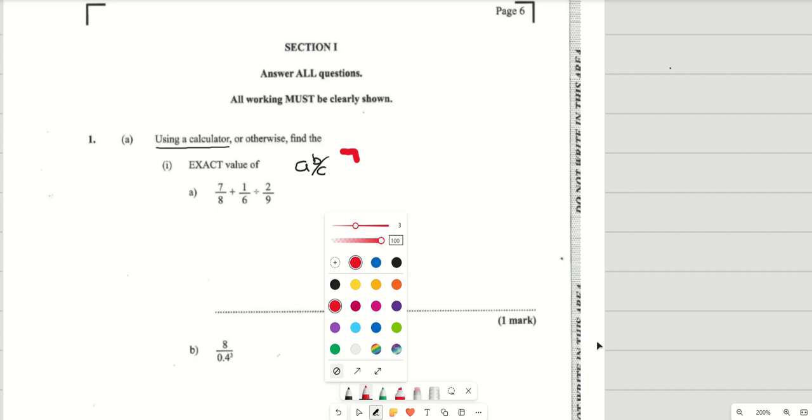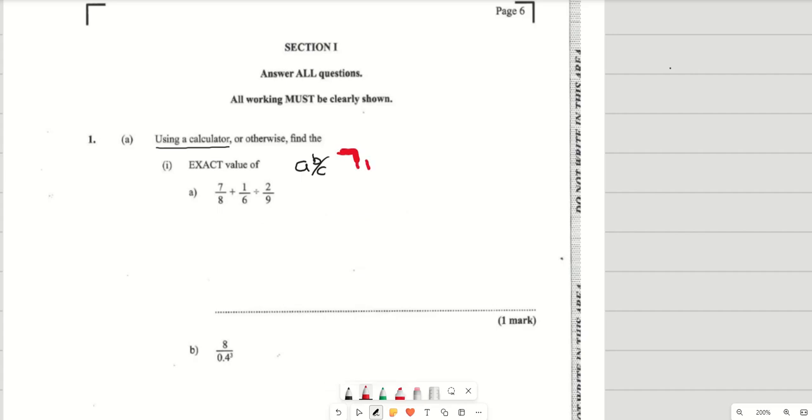So again, in your calculator, there's this A, B, C button, right? That is the over button. So you're going to put 7, then that ABC button, 8, then plus, 1 ABC 6, divided by 2 ABC 9.